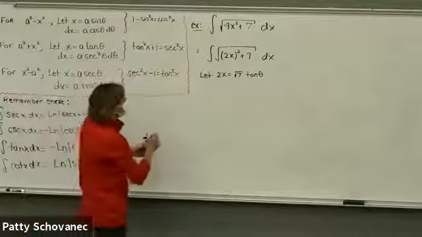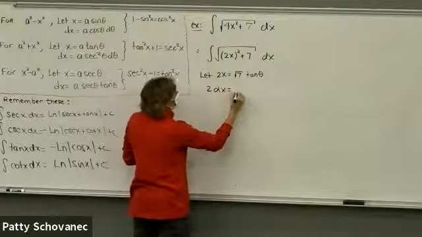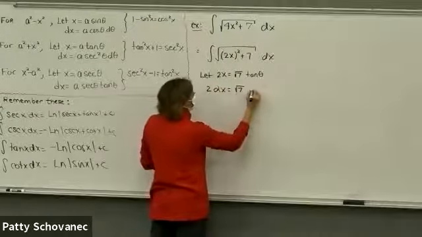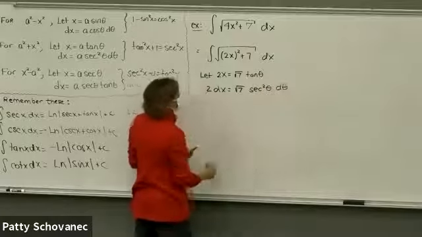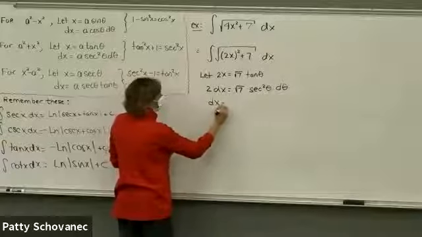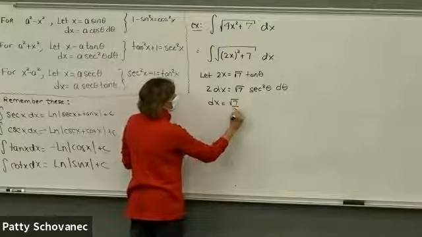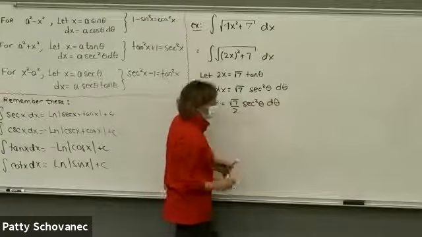Then I need a dx, so take the derivative of this. We get 2 times dx is the square root of 7, derivative of tangent is secant squared theta d theta. So I have to move this 2 over here. dx is square root of 7 over 2, secant squared theta d theta.